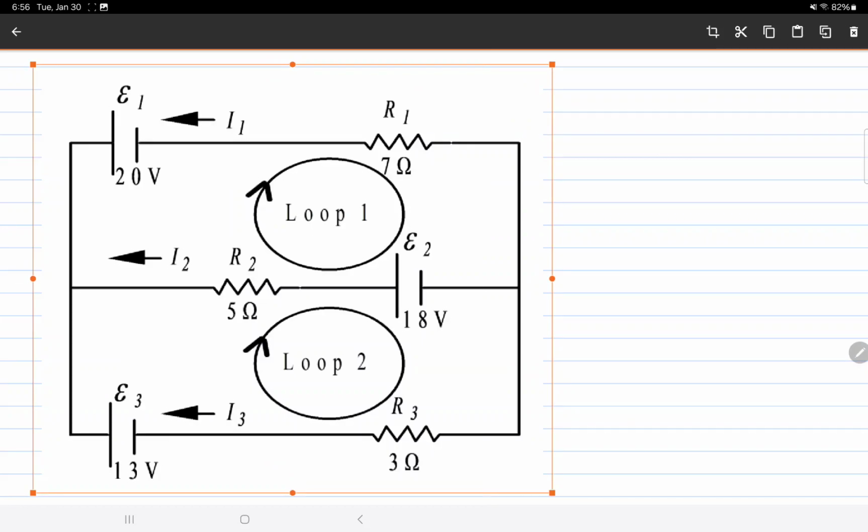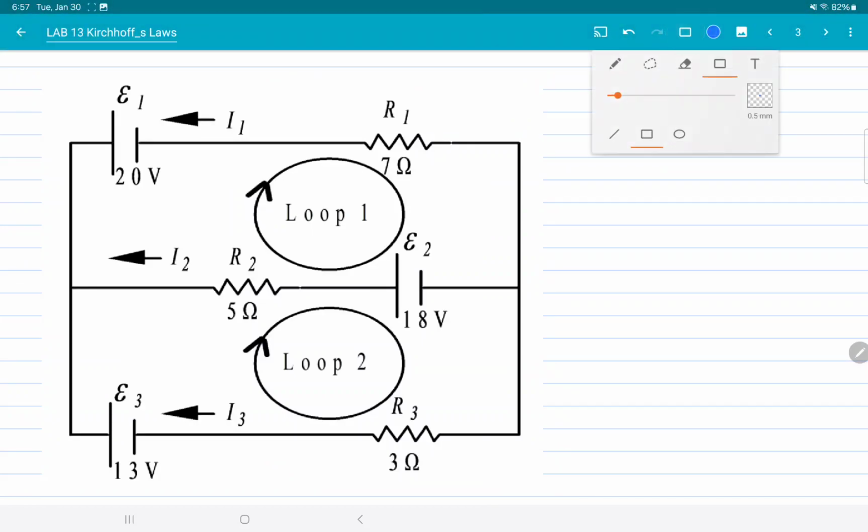So let's look at the next independent equation. And I'll do this one in red. Kirchhoff's loop law number 1.